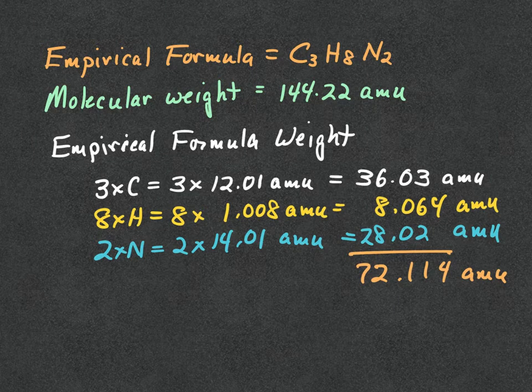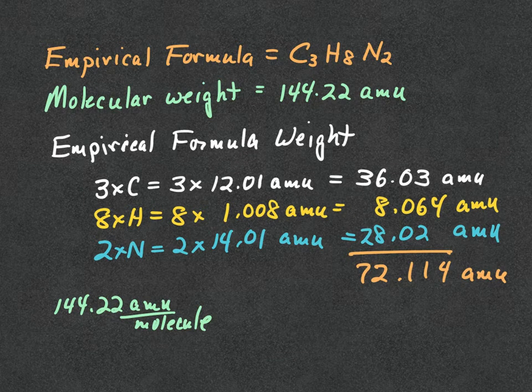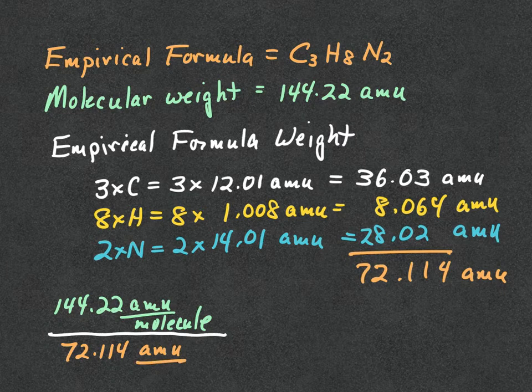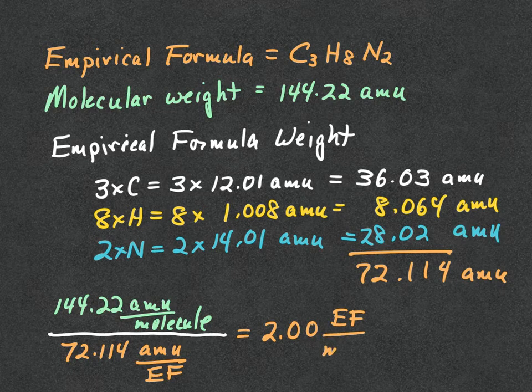And so we take the molecular weight, 144.22 atomic mass units per molecule, and we divide that by 72.114 atomic mass units per empirical formula, and that tells us that we have 2.00 empirical formulas per molecule.